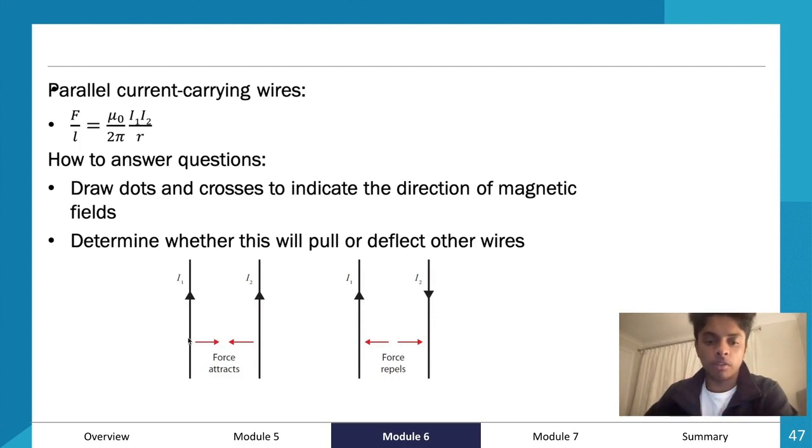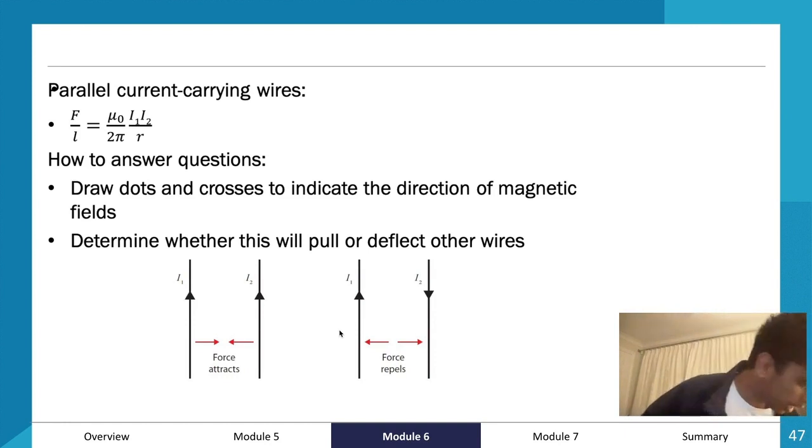And so now I have a force to the right. So a force to the left combined with a force to the right indicates that when these two current carrying conductors are moving in the same direction, they will have an attractive force. So the force attracts.